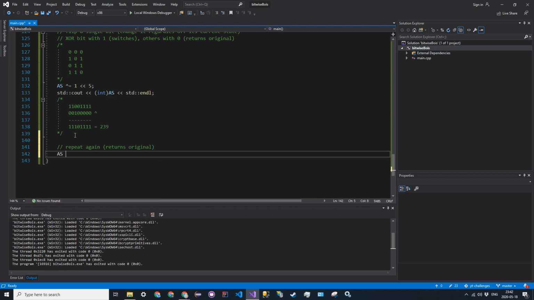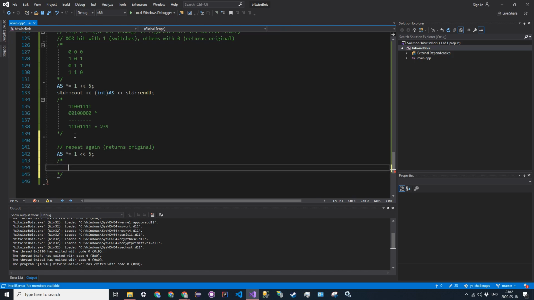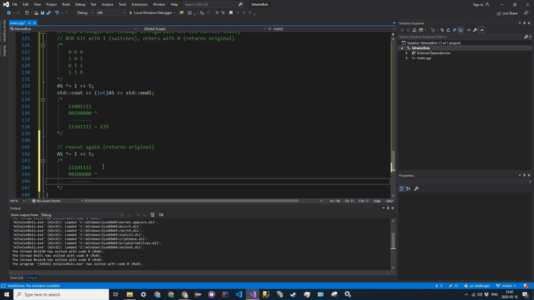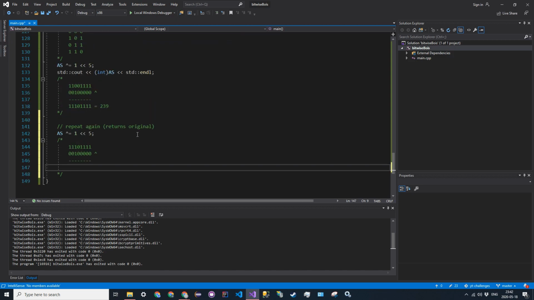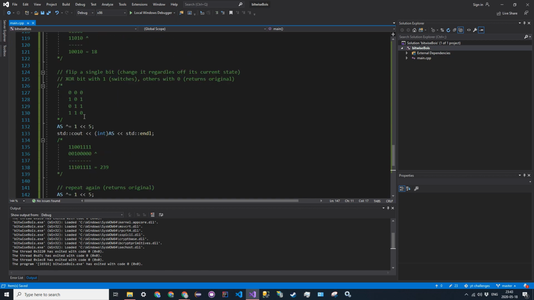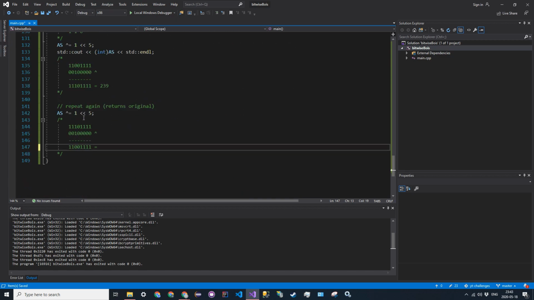So if we do the same operation, AS XOR equals with 1 left shifted by 5, what we're going to get is some operation that looks like this, which is the result from the last one, and then we're XORing it with the same exact thing. And essentially the operation is just going to do the reverse. So we're going to get a 1, 1, 0, 0, 1, 1, 1, and 1, just like that, which should equal 207.